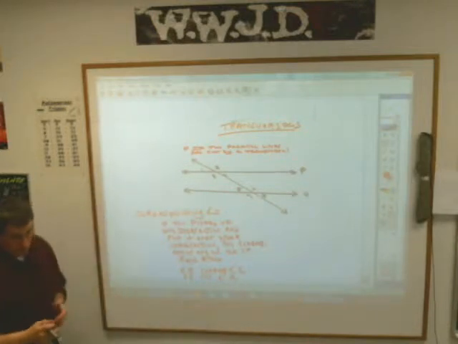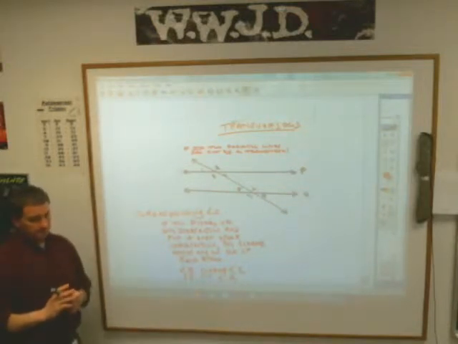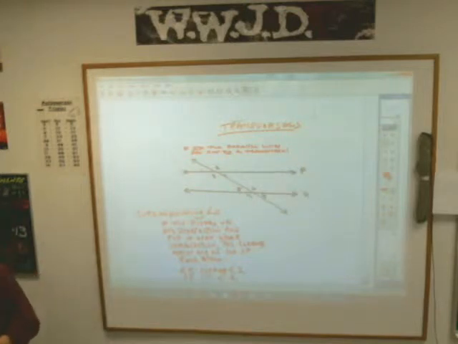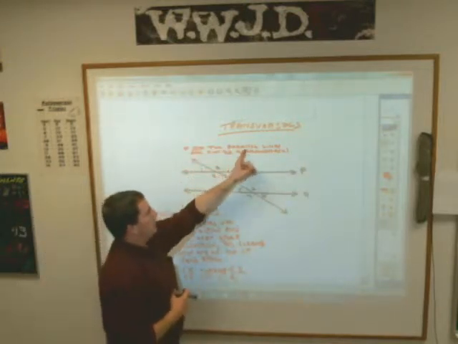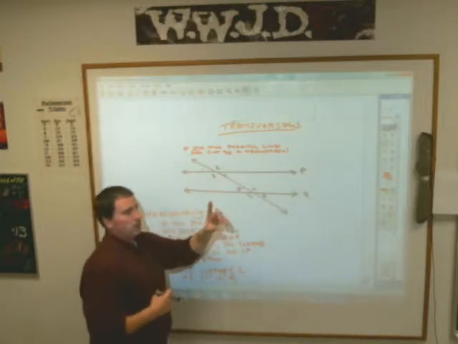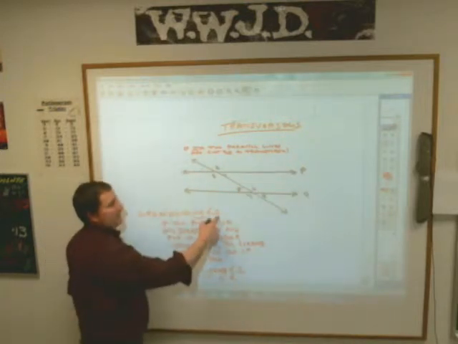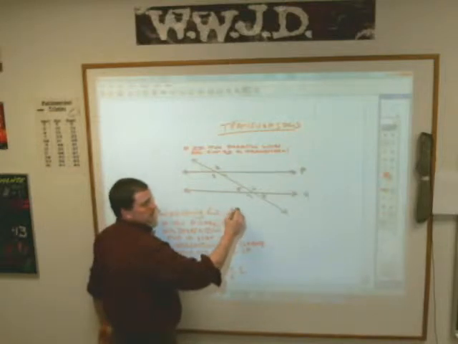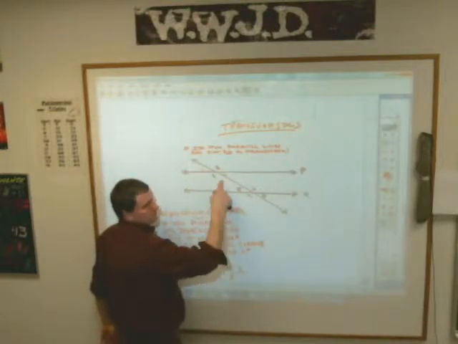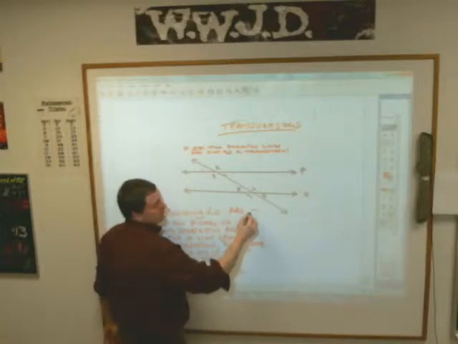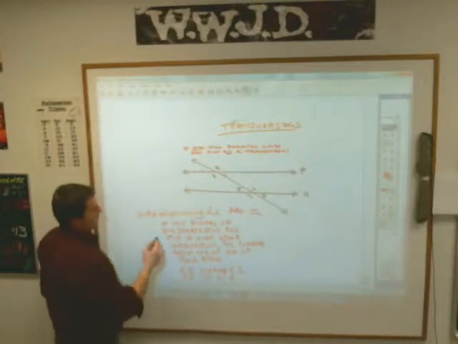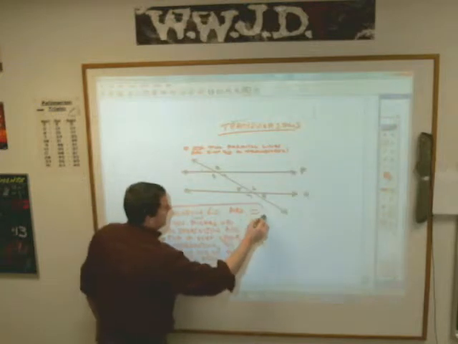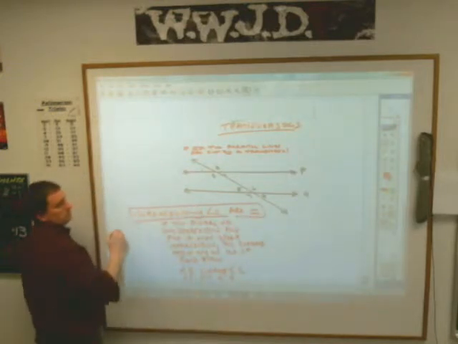Does anybody have a problem with that? Okay. Now, why do we say that? Because if two parallel lines are cut by a transversal, corresponding angles are, guess what, equal.